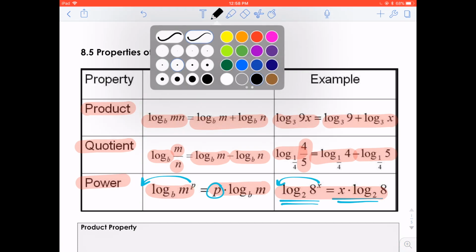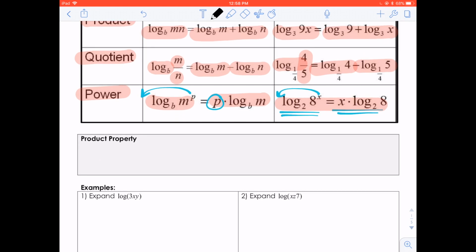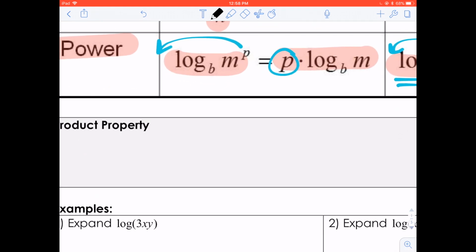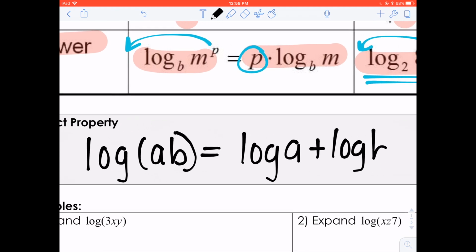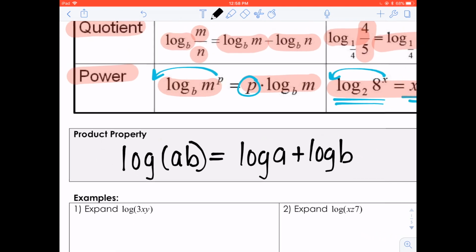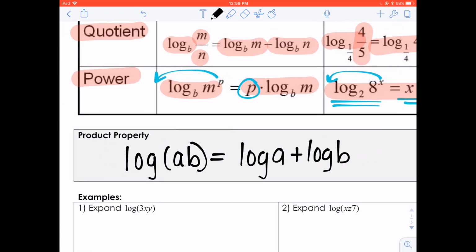All right. The first thing we're doing is the product rule. So just so that you realize this, the product rule says that if we have log of a times b, that's the same thing as log of a plus log of b. All right, so that's the product rule. If we have two things multiplied, that changes to addition.